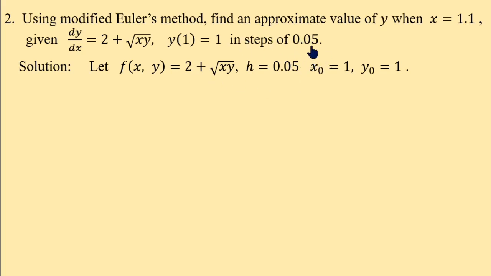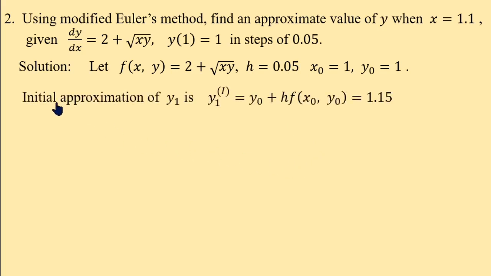Here the increment is given as 0.05, that is taken as h. h is 0.05, and x naught is 1. y at x naught is y naught, so y naught is 1. x1 is x naught plus h, that is 1.05. The initial approximation of y1 is y naught plus h into f of x naught, y naught. y naught is 1, x naught is 1, h is 0.05.